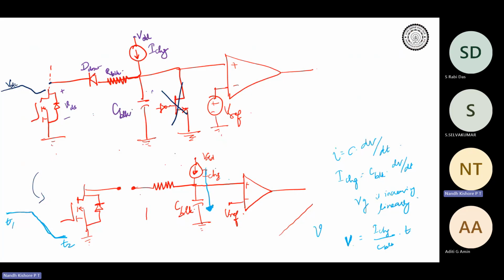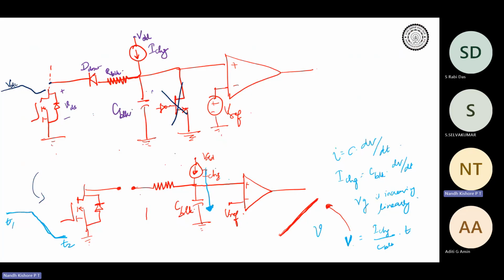So during this period, I don't want my comparator to operate, because the voltage at the comparator is not directly VDS right now, because the diode is reverse biased. The charge is finding a path through the capacitor. It is just helping me ramp up the voltage to this point. So I don't want my comparator to operate during this region.